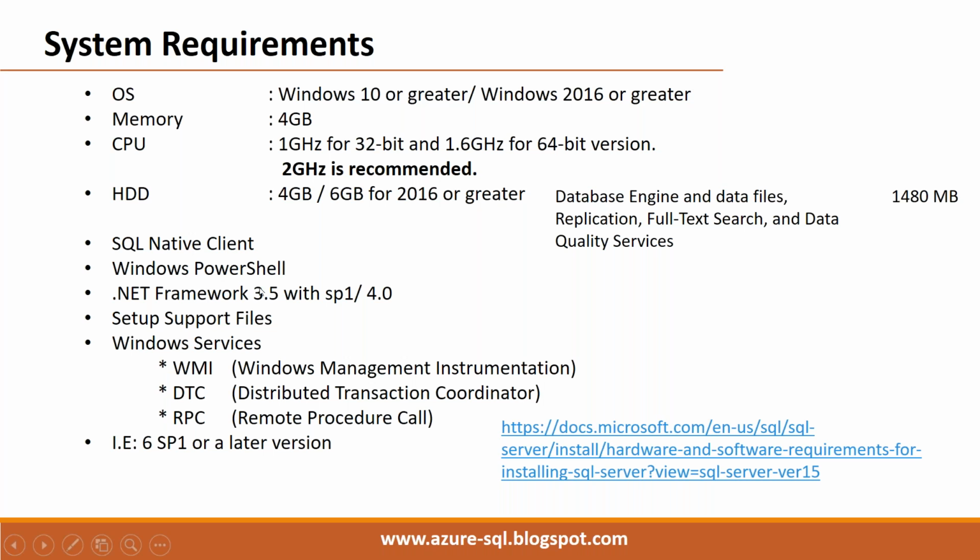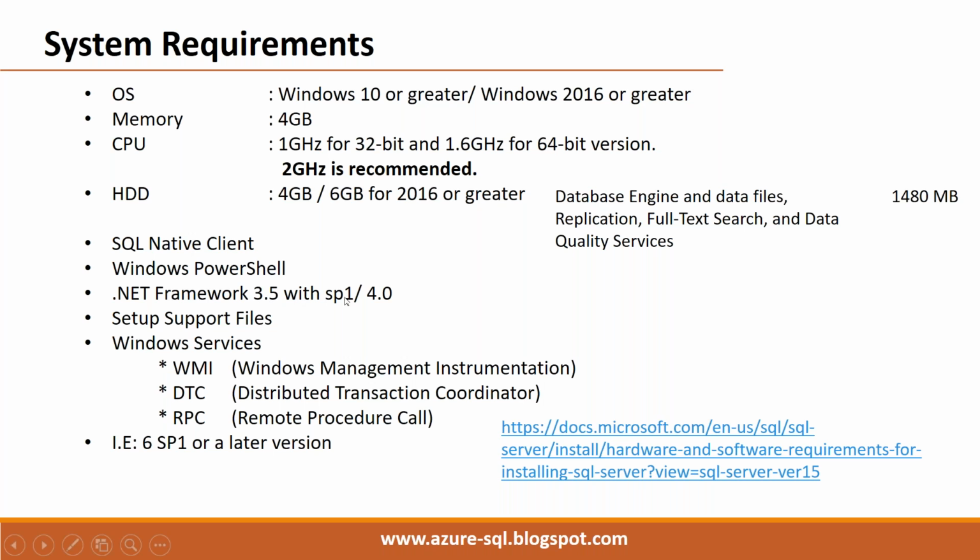PowerShell is the Windows scripting language. By using this scripting language, we can also automate various tasks. By default, Windows PowerShell comes along with the OS, so there is no need to install it separately.